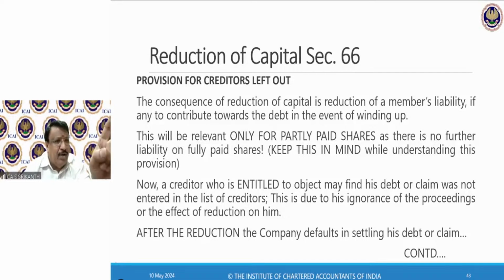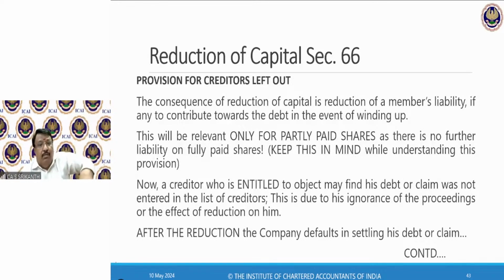If you are a fully paid shareholder, you have no problem. But if you are holding partly paid shares, then there is a liability on those shares. In those cases, in case a creditor was left out, a creditor who is entitled to object was not entered in the list of creditors, because he was ignorant of the proceedings or didn't claim for whatever reason.